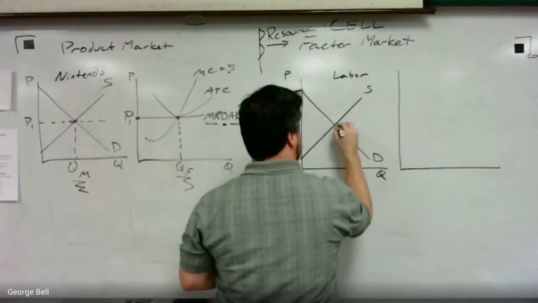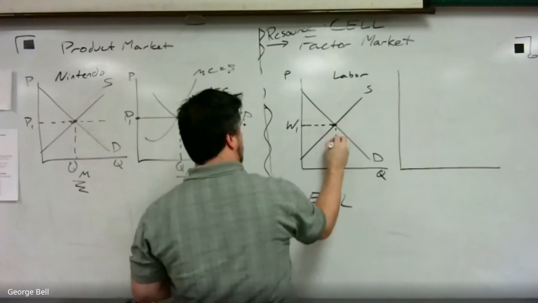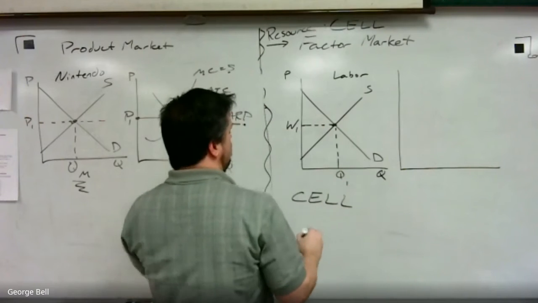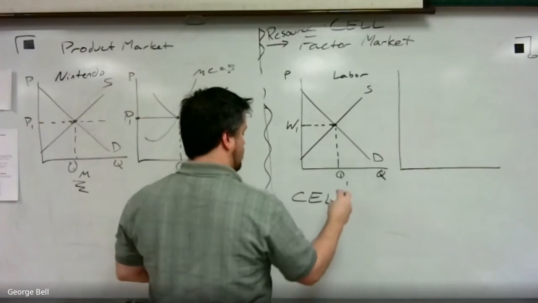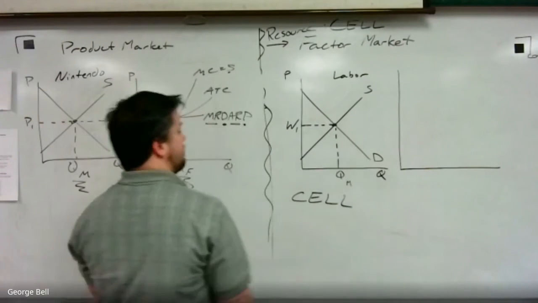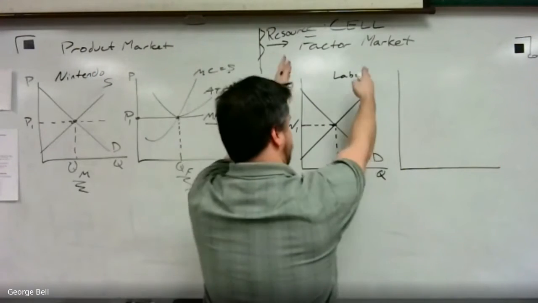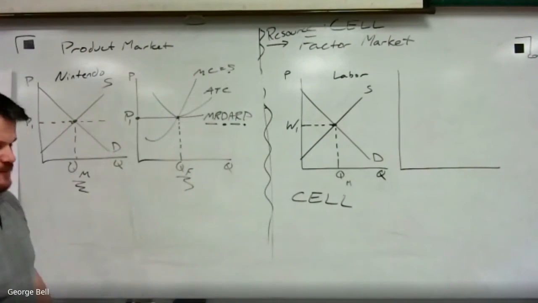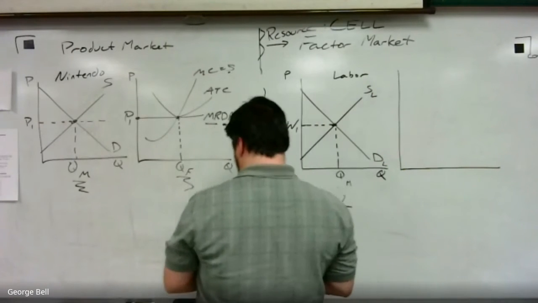And what we have here is a perfectly competitive labor market that I'm going to label with a W there because this stands for wage because we pay labor wages. And this is the quantity of the market. Notice the graph looks exactly the same. A couple fundamental differences to remember is that this is the supply of labor and this is the demand for labor.